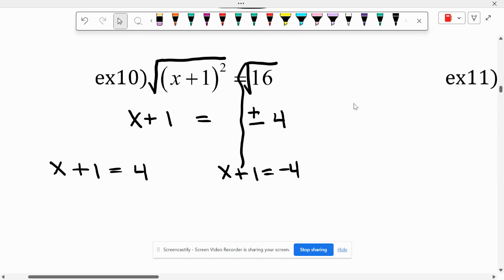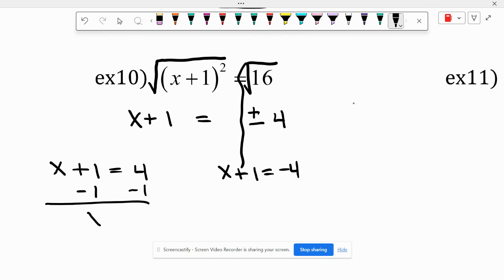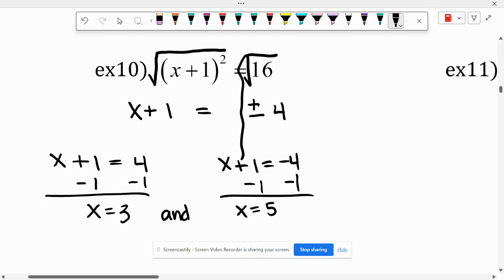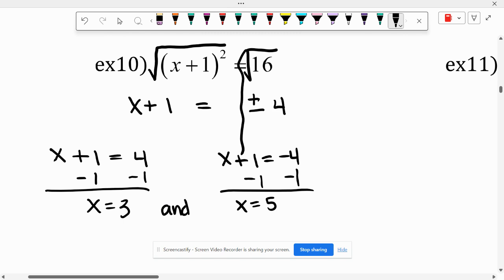So what am I going to do to both sides? Subtract 1. So x equals 3, and subtract 1, x equals 5. Ooh, that's a negative 5, right? Yeah.